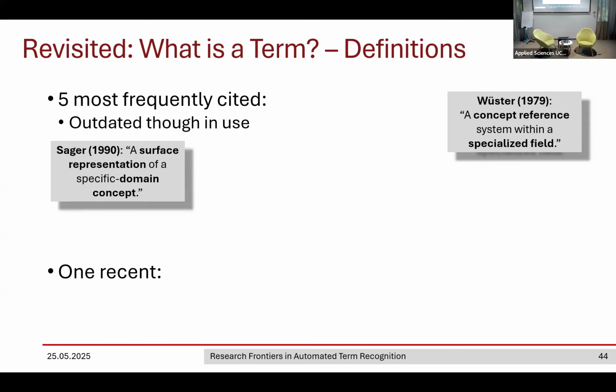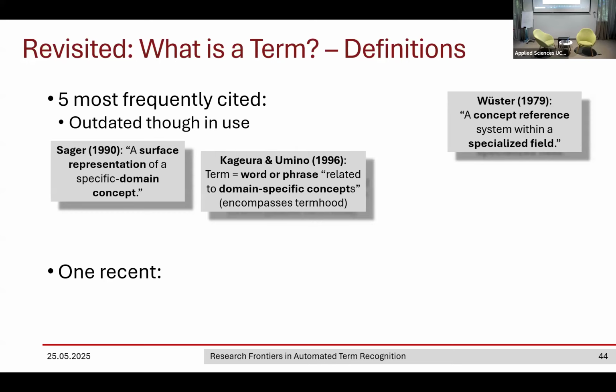In 1990, Sagar wrote that a term is a surface representation of a specific domain concept, pointing to semantics. Kagiura and Umina in 1996 said that a term equals a word or phrase related to domain-specific concepts, which encompasses termhood. Very similar to the previous two.